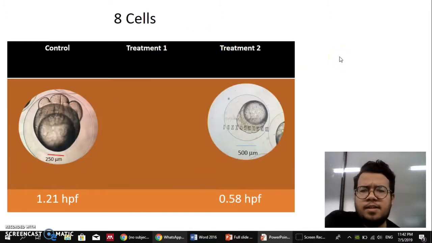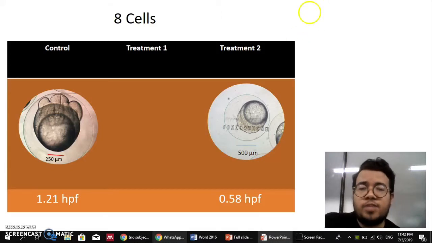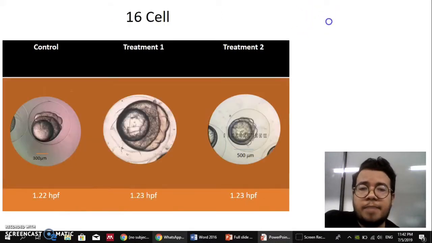This is the 8 cell formation, which can be seen for control and treatment 2. For treatment 1, the image is not available due to human error happening during this moment. For treatment 2, it can be seen that 8 cell already only took 0.58 HPF to achieve during this time.